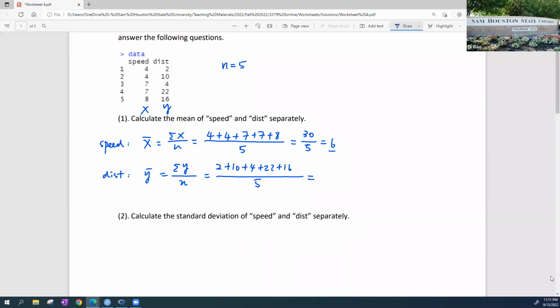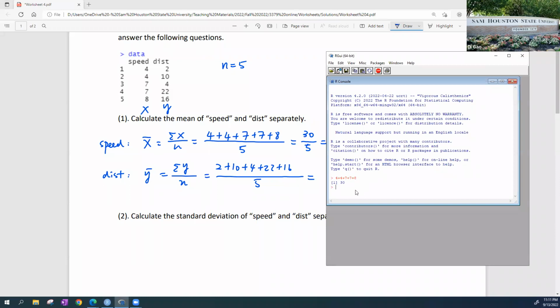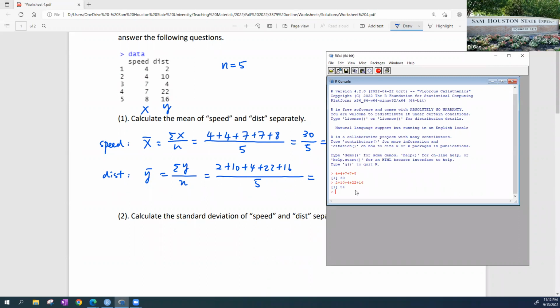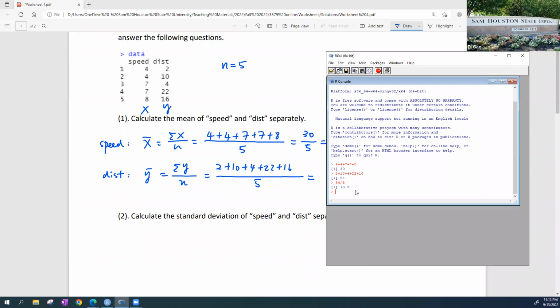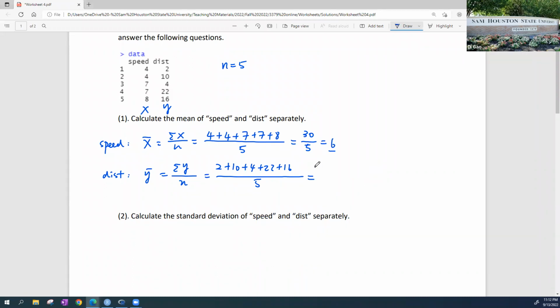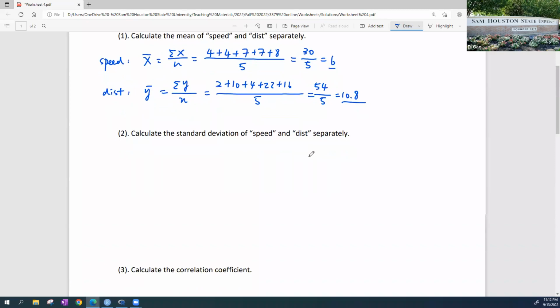Let's use the calculator for the sum: 2 plus 10 plus 4 plus 22 plus 16 is 54. So that's 54 over 5, which is 10.8. So that's our y bar. Then we will answer question 1.